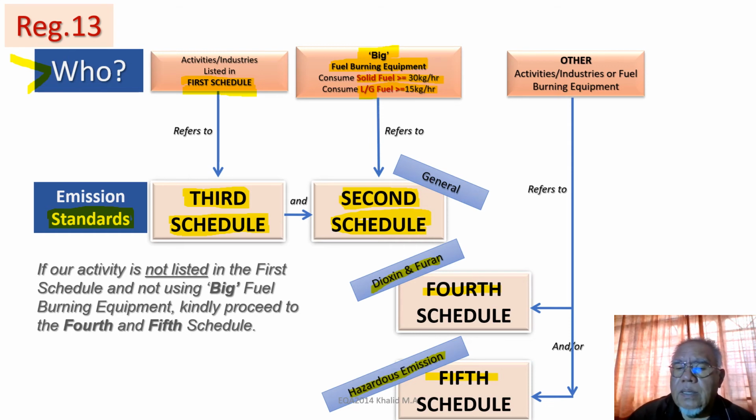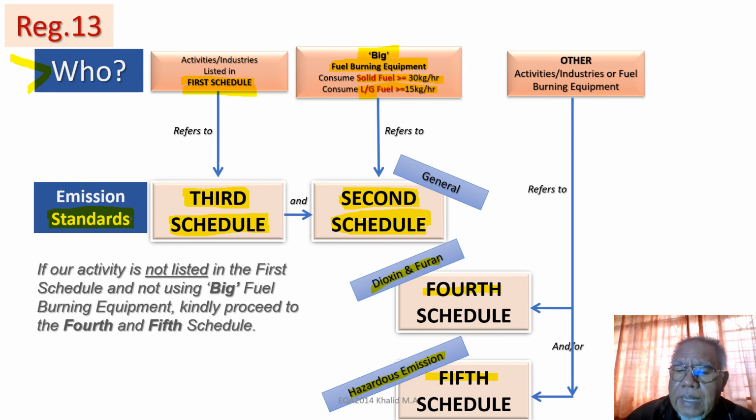If they are listed in the first schedule, their emissions, the types of environmental parameters, and their respective emission limits are already stipulated in the third schedule. Then comes big fuel burning equipment, big genset, big oven.